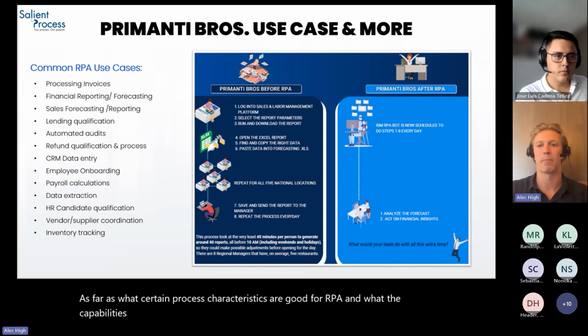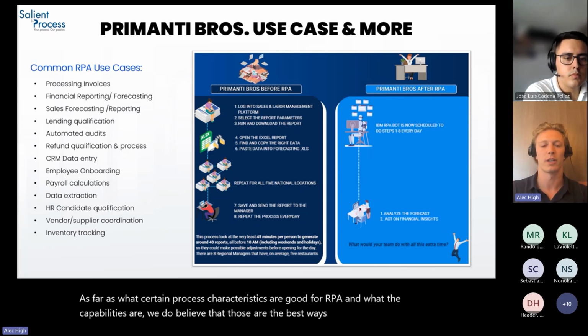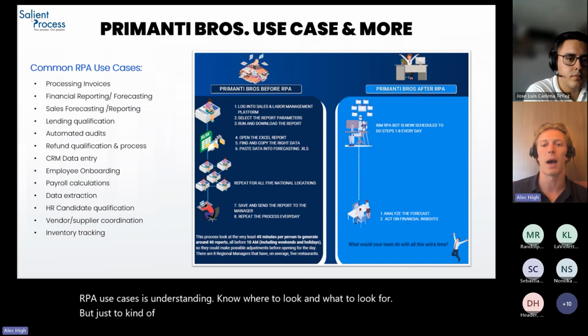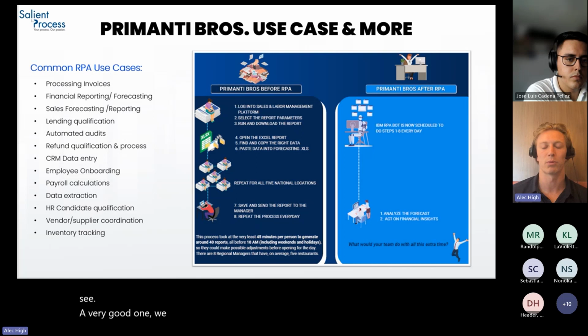We do believe that the best way to find your own RPA use cases is understanding where to look and what to look for. But just to give some starting point around common use cases we see, a very good one we did last year was with Primanti Brothers.